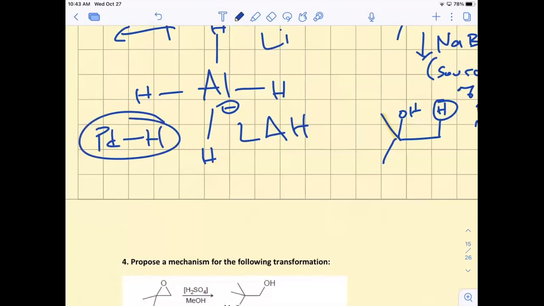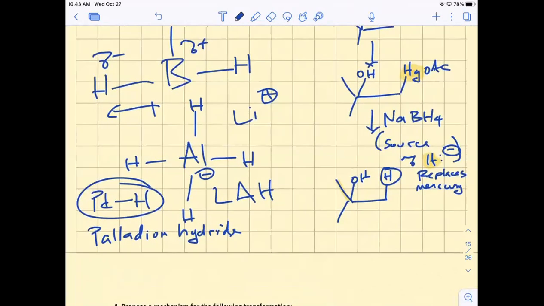Okay, so it's not a specific group or anything. Normally, if you see hydrogen bound to a metal, or bound to a metalloid like boron that has a lower electronegativity, then it's going to be a hydride.